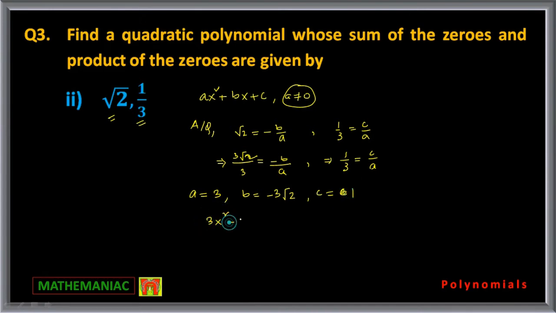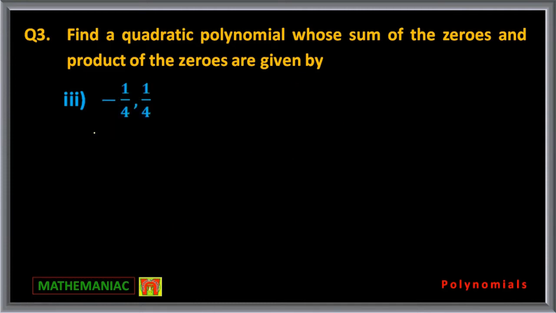It is 3x squared minus 3 root 2 x plus 1. That's it. This is one of the polynomials having this as the sum of its zeros and this as the product. Okay. So move on to the next. I'm sure that you are very clear about that.